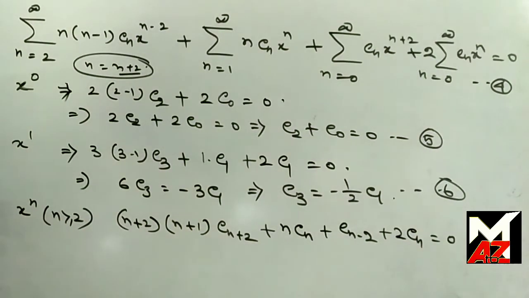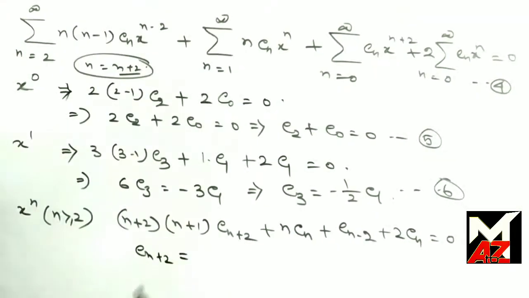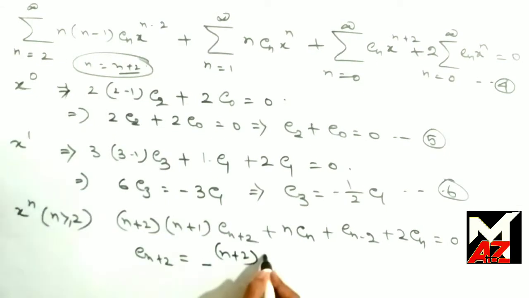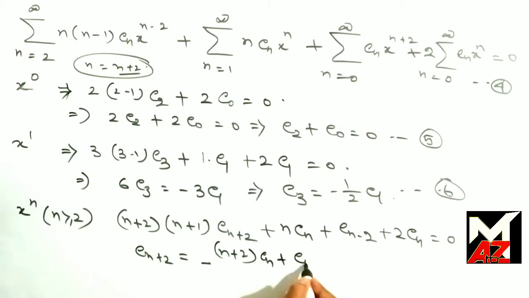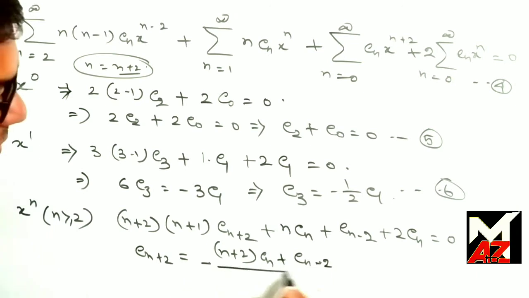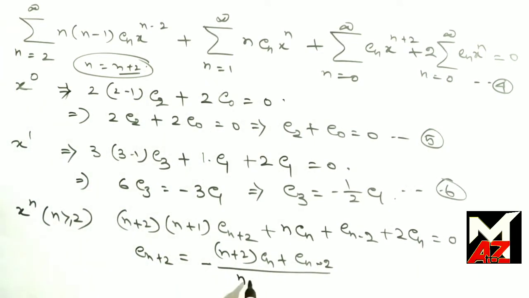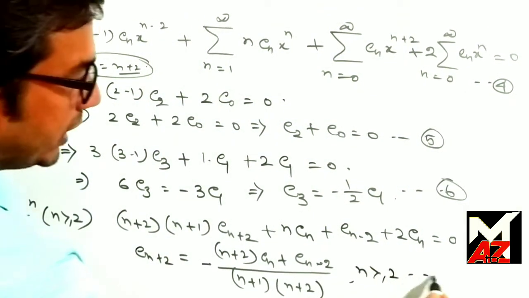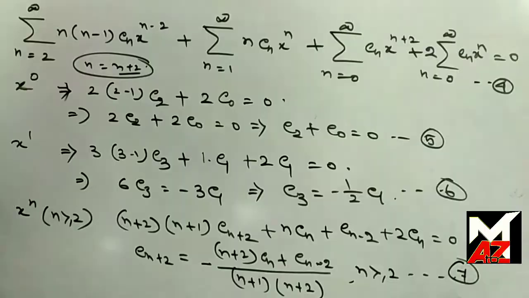So we get the recurrence relation as c_(n+2) is equal to minus (n plus 2) into c_n plus c_(n-2), divided by (n plus 1) into (n plus 2), for n greater than or equal to 2, and this is named as 7.